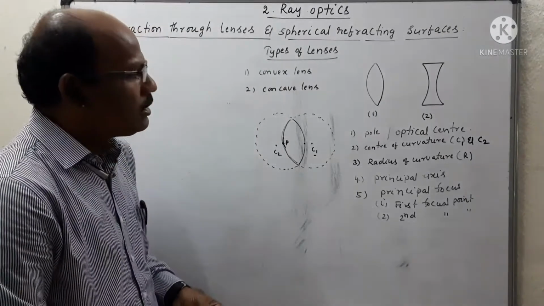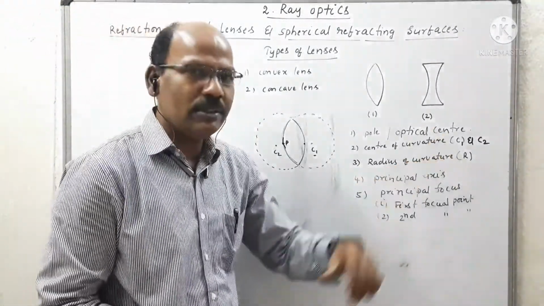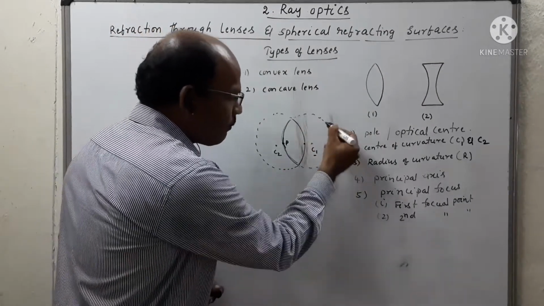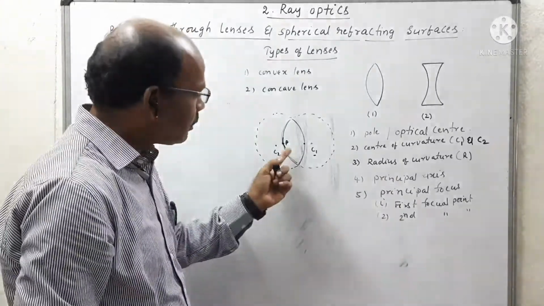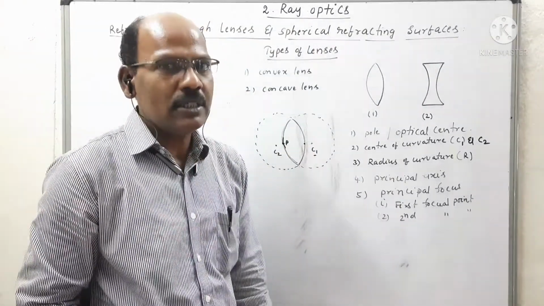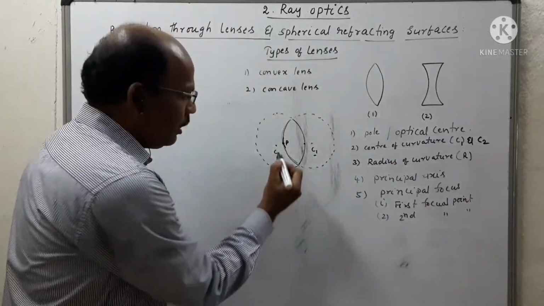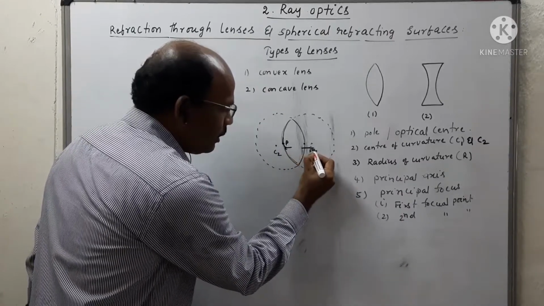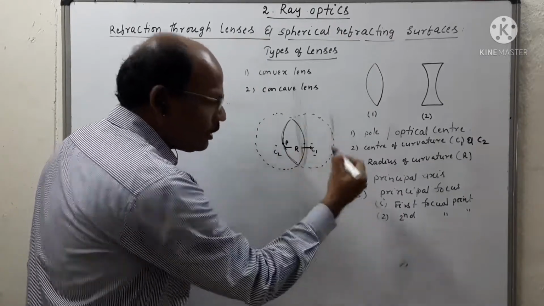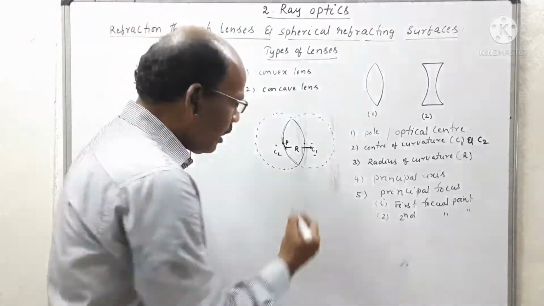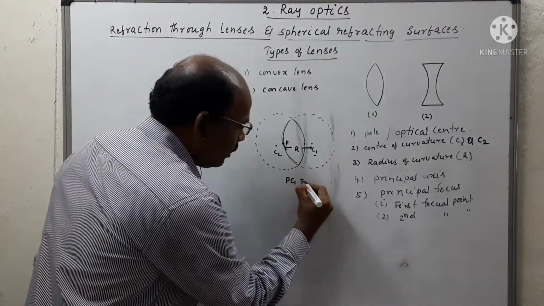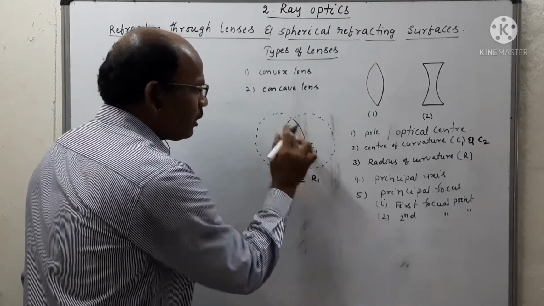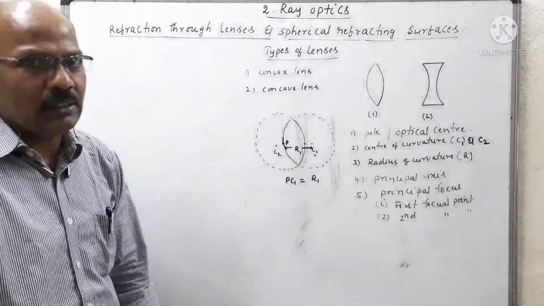Coming to radius of curvature. Radius of curvature means the radius of the sphere of which the refracting surface forms a part. Here the radius of curvature of the first sphere can be represented as PC1. While considering the first refracting surface, we can write PC1 is equal to R1. This is the radius of curvature of the first refracting surface.